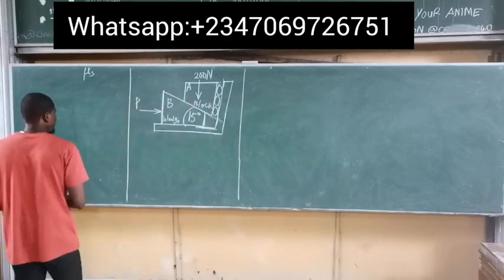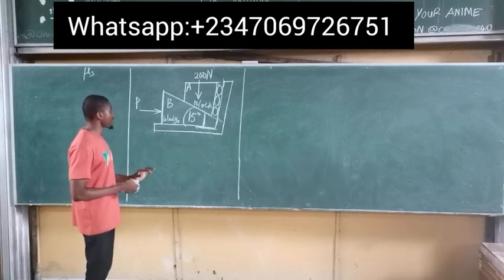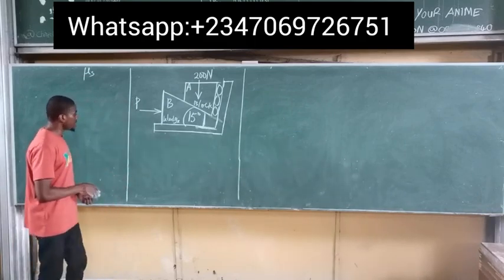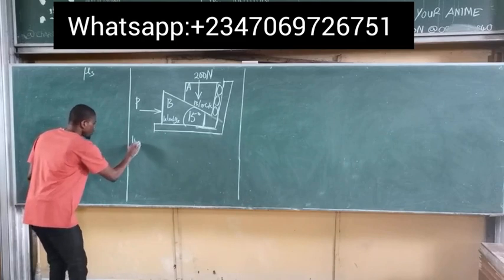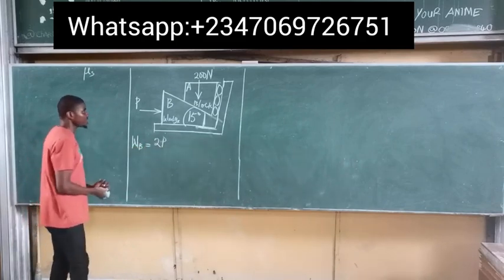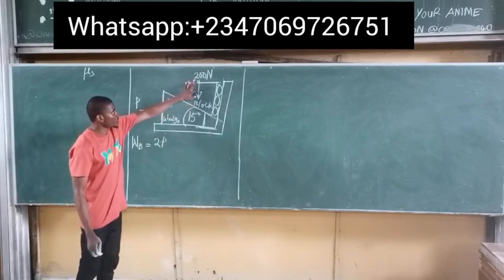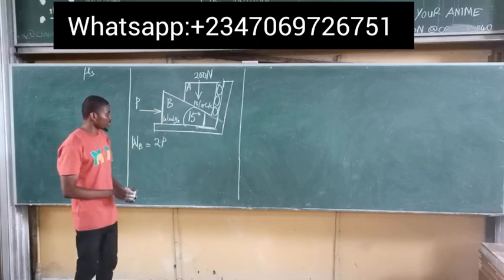Alright, so the first condition given to us is that the weight of the block is 2 times force P, and of course the weight of the block W is simply 2 times force P. This is the wedge and this is the block itself, and the weight of the block is given here as 200 newtons.